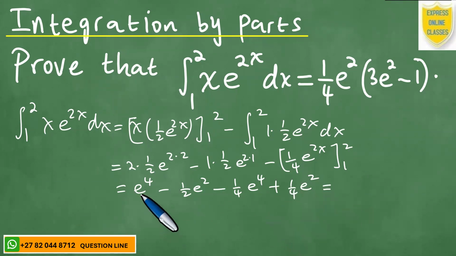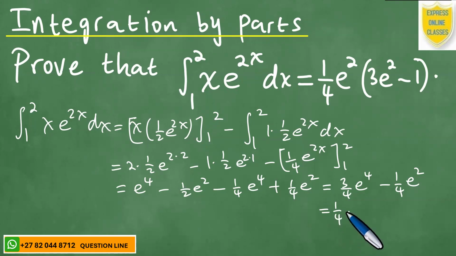We add like terms: e to the fourth power minus a quarter of that is going to be 3/4 e to the fourth power. And then minus 1/2 is minus 2/4, plus 1/4, giving us exactly minus 1/4 e squared. At this point, we can perform algebraic factorization. We can take out 1/4, and we also take out e squared from there.